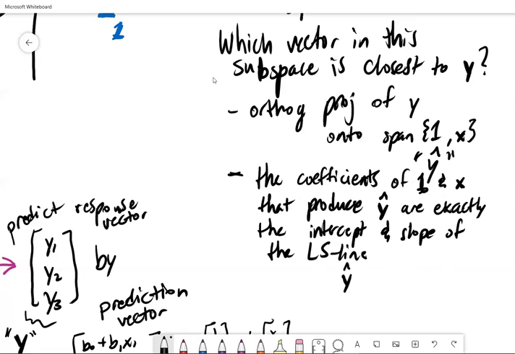Another way of saying that is y hat equals b0 hat times 1 plus b1 hat times x.